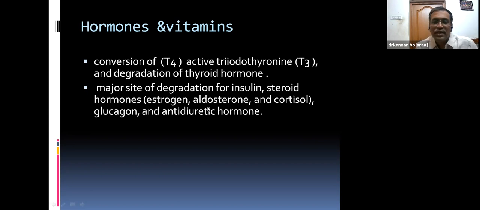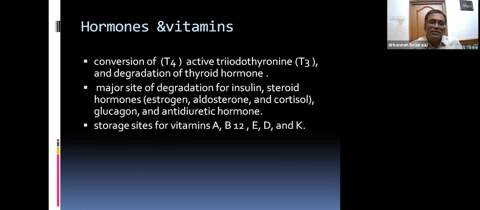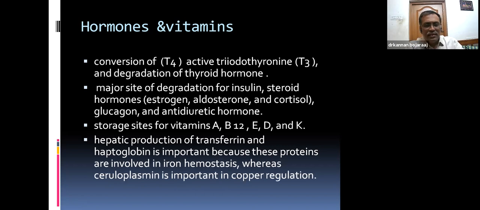The liver is the major site for degradation of insulin and most of the steroid hormones, estrogen, aldosterone, and cortisol, glucagon, and antidiuretic hormone. So for hormone metabolism and degradation, the liver is an essential organ. And I already told you it is a storage house for so many vitamins, the fat-soluble vitamins A, D, E, K, and especially B12 also.